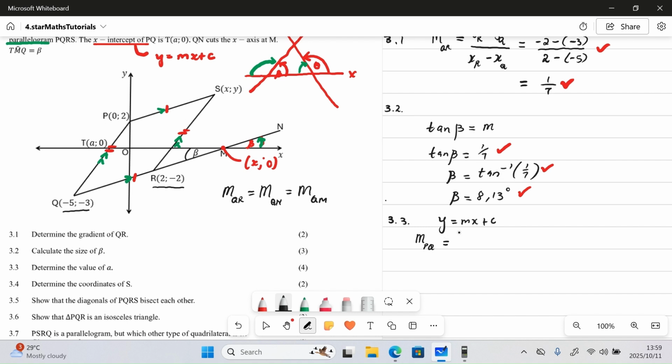The gradient of PQ is y at P minus y at Q, then we divide it by x at P minus x at Q. Then what is the answer?